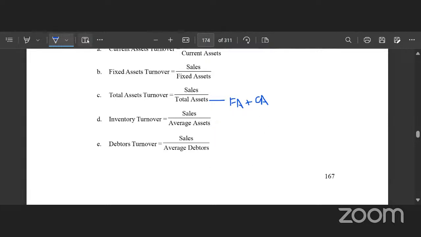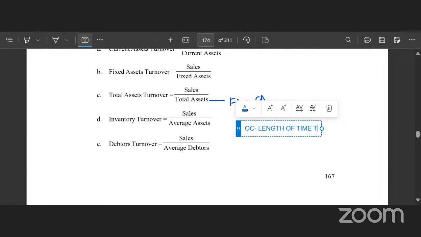Let me tell you about inventory and debtors in a different way. Companies generally have an operating cycle. The operating cycle is the length of time taken to convert purchases into cash.